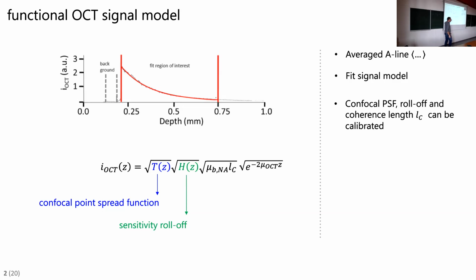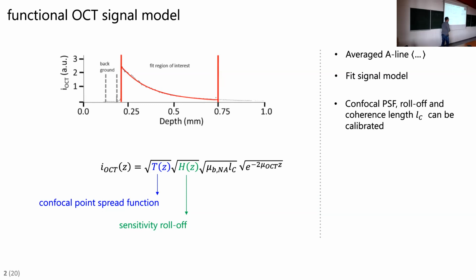If the reflection is out of focus, that was the story about the lenses, the confocal point spread function, you get a lower signal. So you have to take that into account. If you have a spectral domain system, then the sensitivity drops as you go in depth. So that also causes decay.